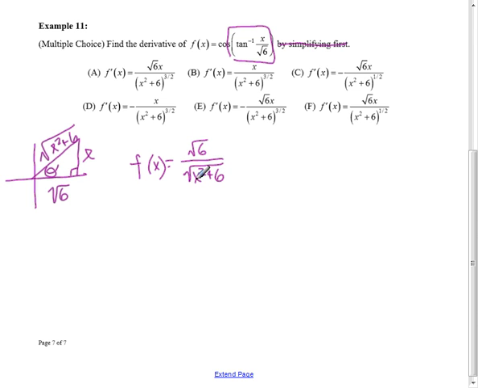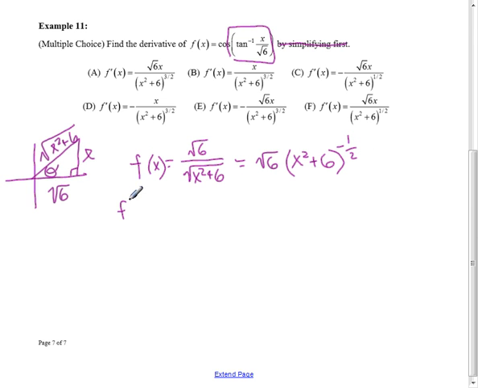Now it might be easier to take the derivative. You could use the quotient rule here, but because this is a constant, part of that's going to turn into 0, so I'm going to go ahead and use the chain rule. So I need to rewrite my function. This would be x squared plus 6 to the negative 1/2. Okay, now it's a little bit easier to see the power rule there.